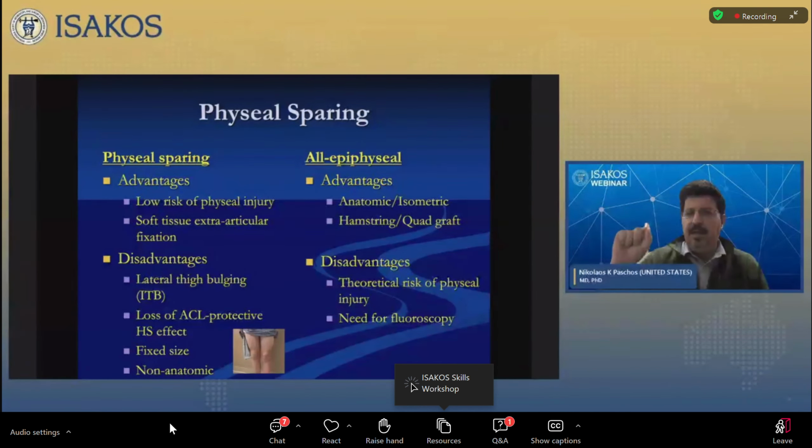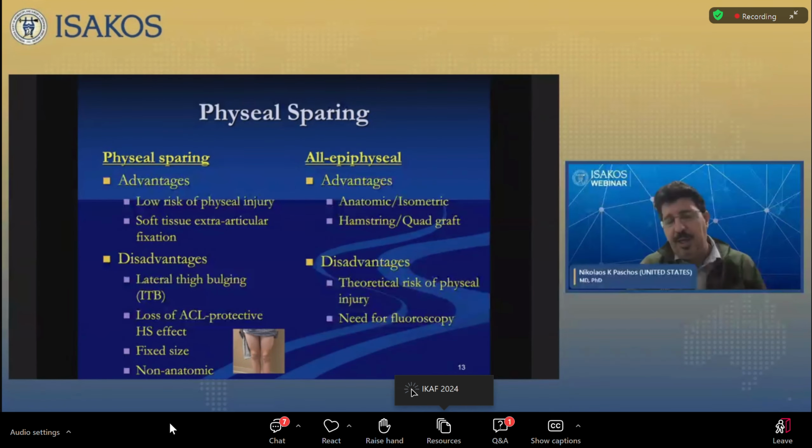Also has the advantage of the extra-articular part fixation that we know now with ALT and ALL augmentation, how powerful that can be. The disadvantages is with IT band, we have a lateral thigh bulging, and with the hamstring, we have the loss of the ACL protective effect. And obviously, sometimes there can be a fixed side, and it's kind of a non-anatomic technique, or that's the criticism.